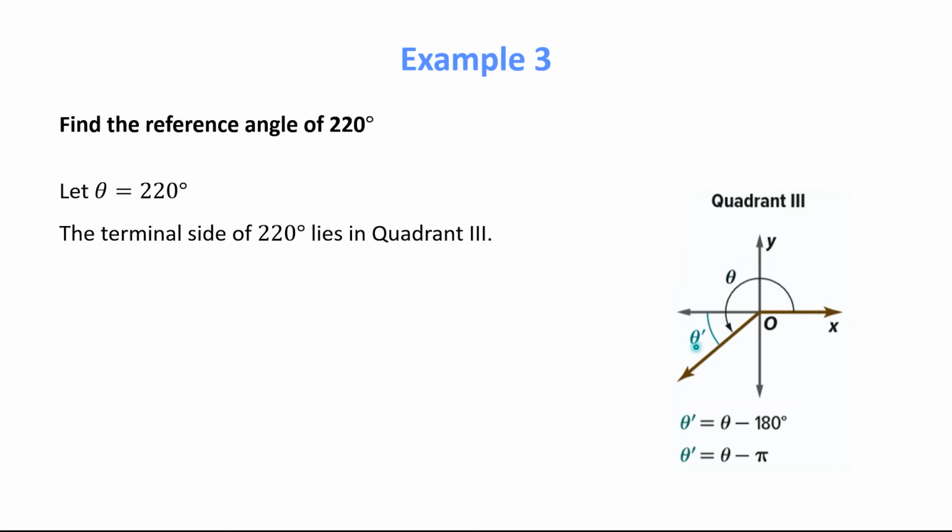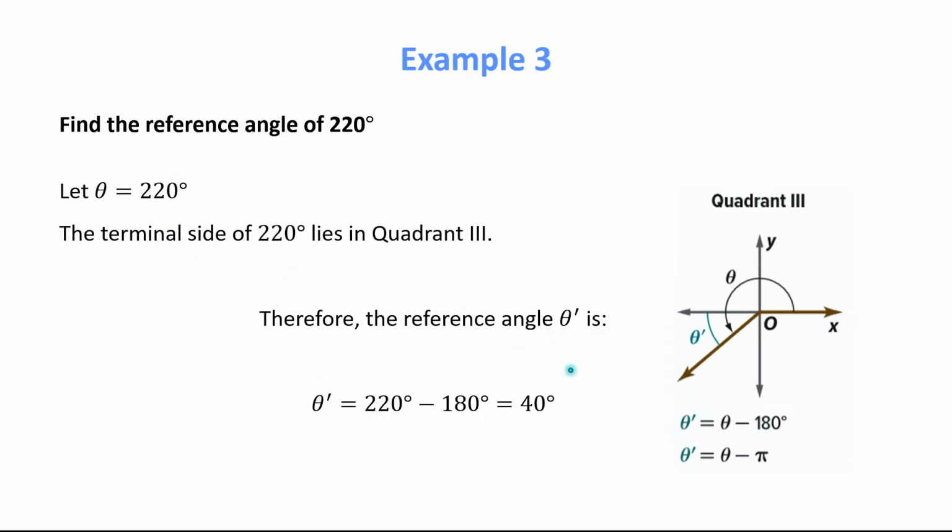So if we want to find the reference angle, theta dash, we must do theta minus 180. So theta is 220. So the reference angle, theta dash, is given by 220 degrees minus 180 degrees, which is 40 degrees. So it's an acute angle where the reference angle is 40 degrees.